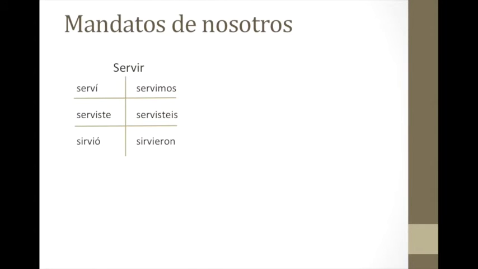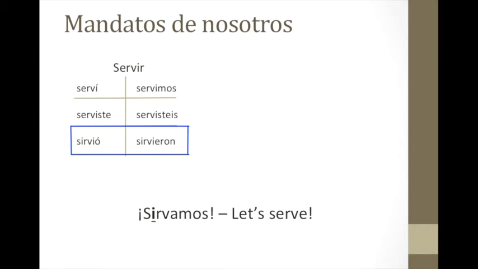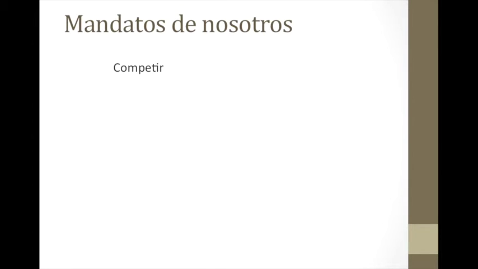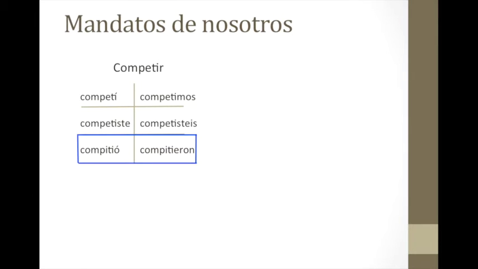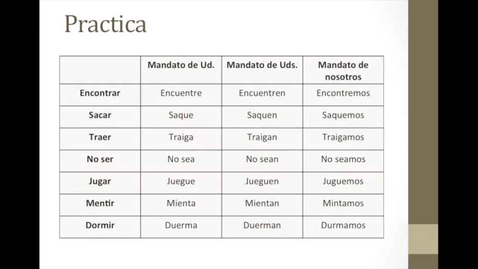Remember the preterite tense, we have sirvió and sirvieron having the E to I stem change. So with the flipped ending -amos, your nosotros command would be sirvamos, meaning "let's serve." Competir, "to compete," has the same idea, E to I. Compitió and compitieron would make "let's compete," compitamos. Still a flipped ending, but we have a different stem change.